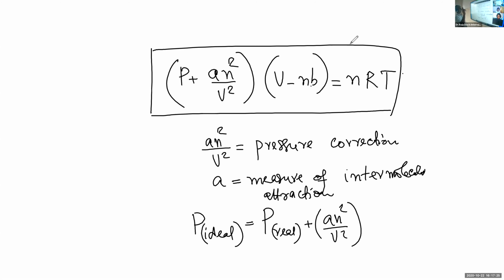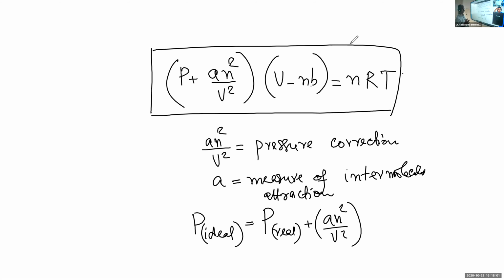We have the ideal gas equation, PV is equal to nRT, and that P is the ideal pressure, V is the ideal volume of the gas. But here van der Waals is of the opinion that the ideal gas pressure, P ideal, must be greater than the real pressure measured.